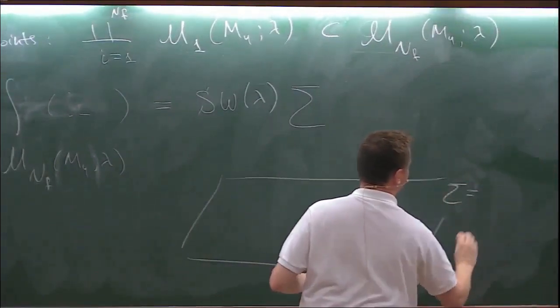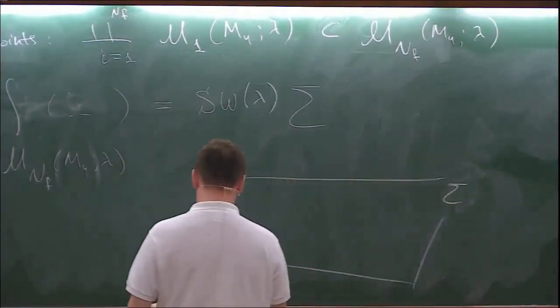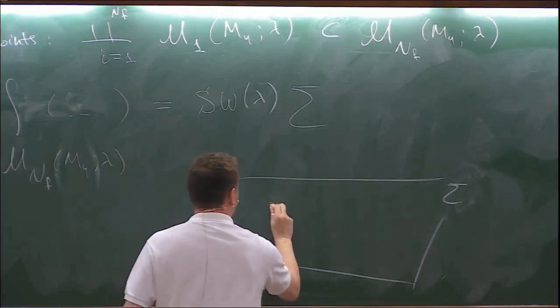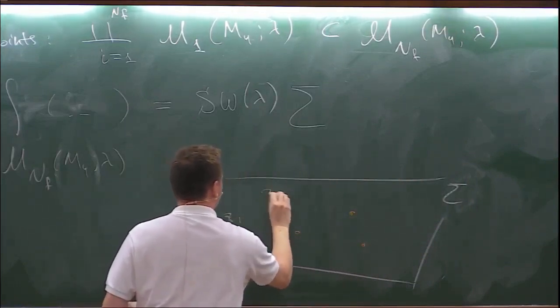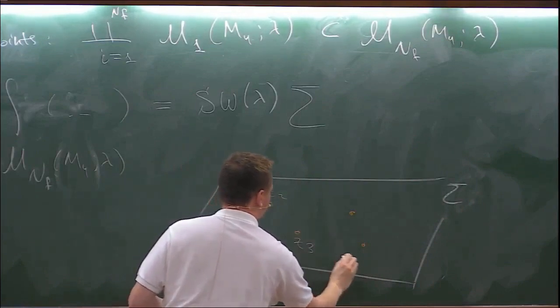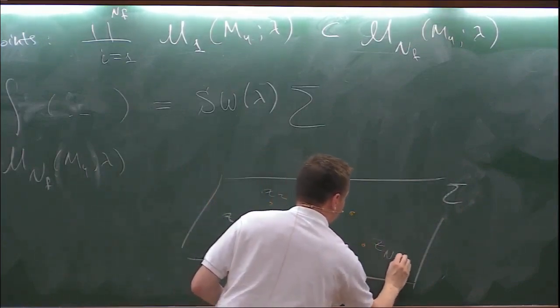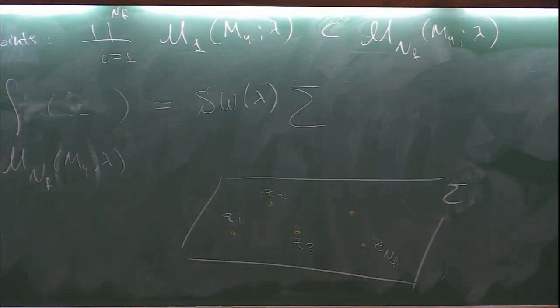So sigma here is a punctured plane, and you can consider points z1, z2, z3, and so on, z_{N_F}.